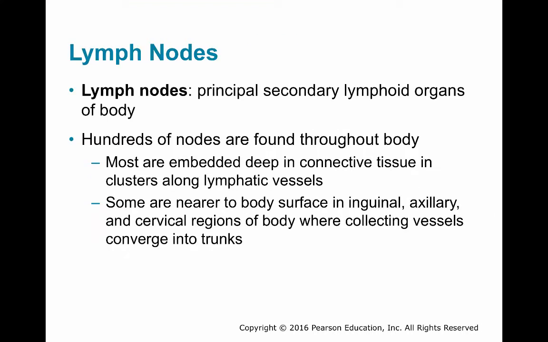Now, the different organs that we're looking at, let's talk about lymph nodes. These are the principal secondary lymph node organs. They have hundreds of nodes that are found throughout the body. They're mostly embedded deep in connective tissue in clusters along lymphatic vessels. Some are near the body surface, in areas like the inguinal, axillary, or cervical regions of the body where collecting vessels converge into ducts.